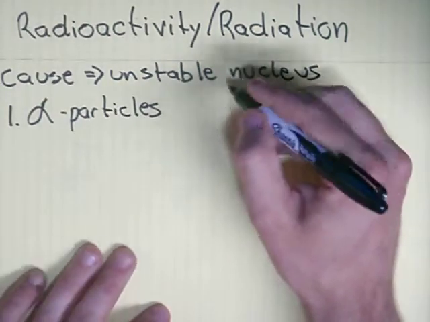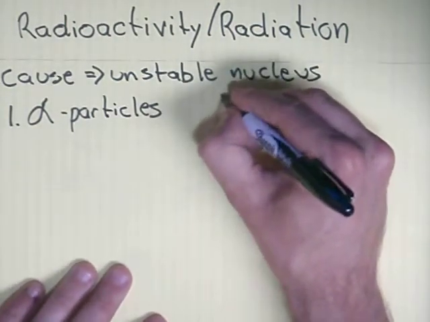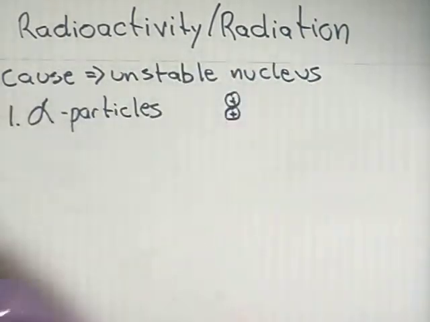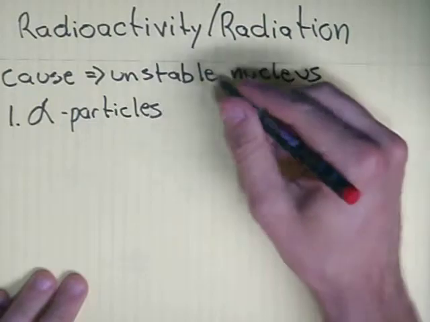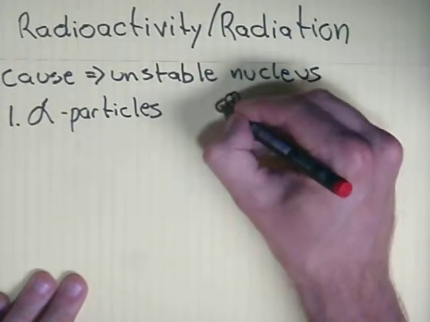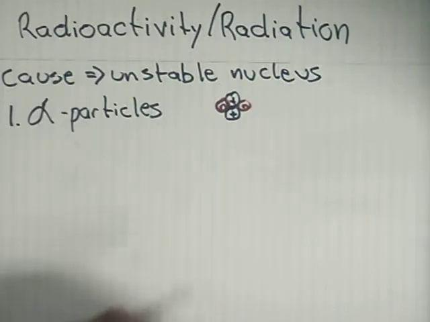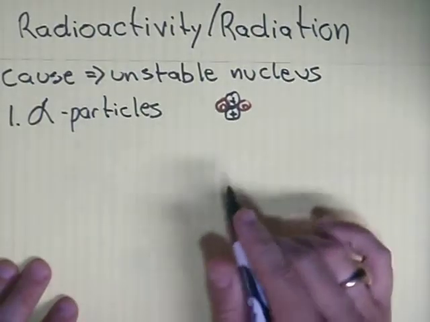And so an alpha particle is 2 protons and 2 neutrons. No electrons. So it's just 2 protons and 2 neutrons.